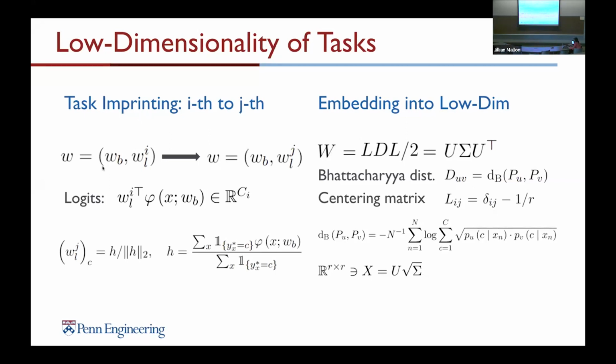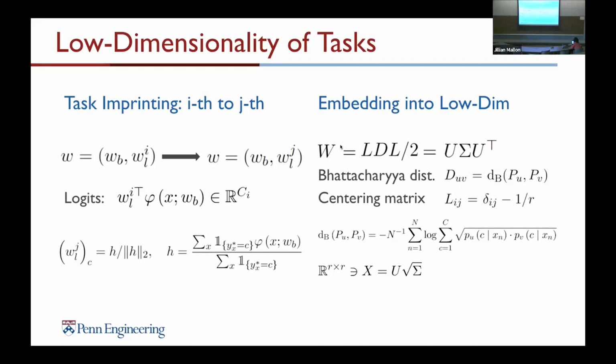For example, we want to imprint the task from task I to task J. Since they share the same backbones, we just have to imprint classifiers in a similar fashion to cosine similarity, as shown in the bottom left, where the capital 1 is just an indicator function. Moreover, we can use the task imprinting to imprint all the tasks to a common space with capital C classes, so that we can evaluate them in the n by C dimensions.